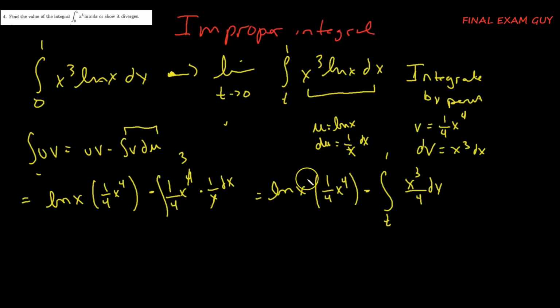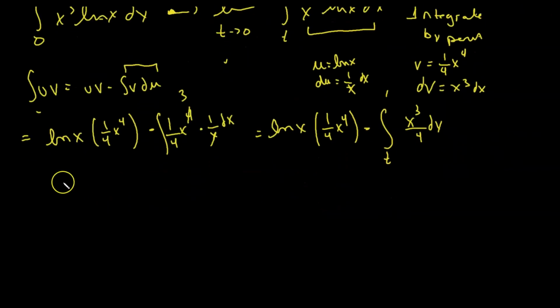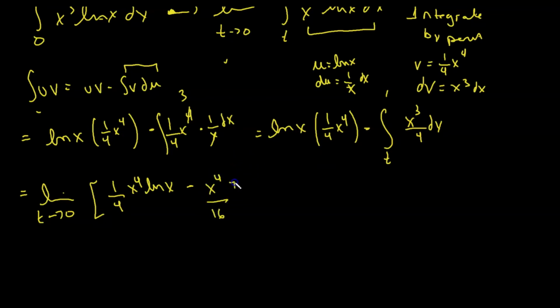Now all that's left to do is calculate the integral and then take the limit of it after. So I'll rewrite everything. Limit as t approaches 0 of 1 over 4 x to the 4th ln x, and for this integral, add 1 to the exponent, divide by the exponent, so x to the 4th over 16, evaluated from t to 1.